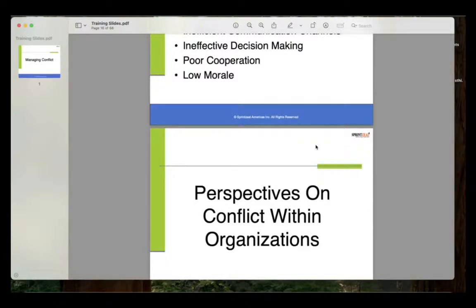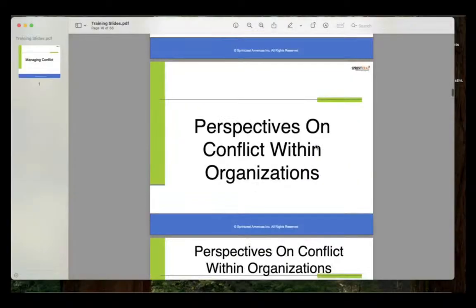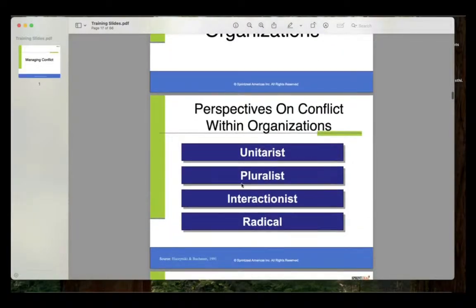So these are the four types of perspective. Let's see this in detail to understand it better. These are the four perspectives on conflict within any organization: unitarist, pluralist, interactionist, and radical.